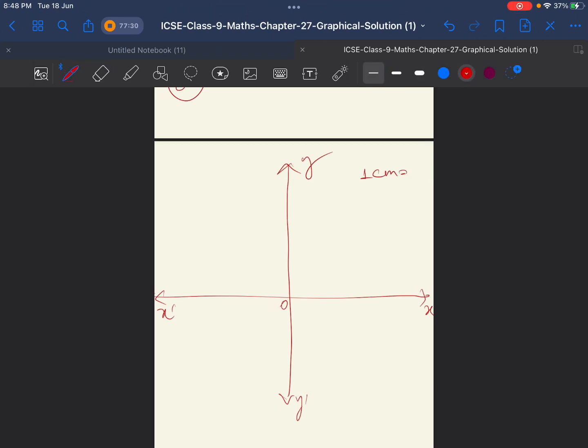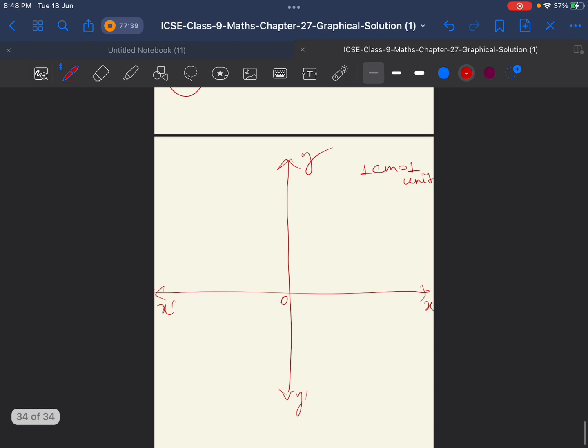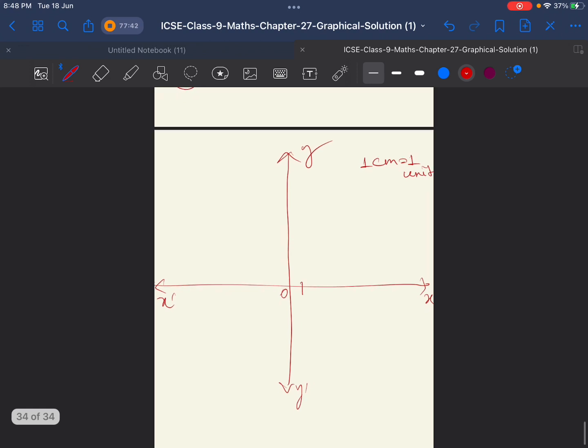Here 1 centimeter equals 1 unit. So the first point is 2, 4.